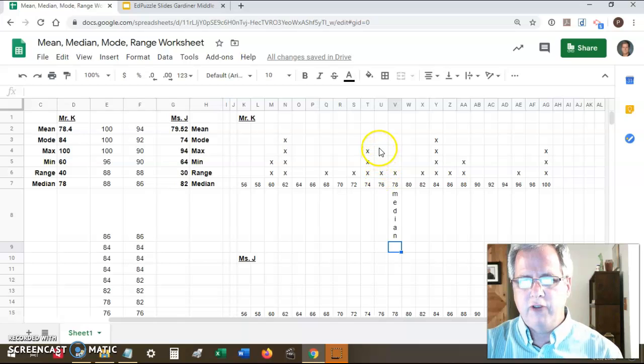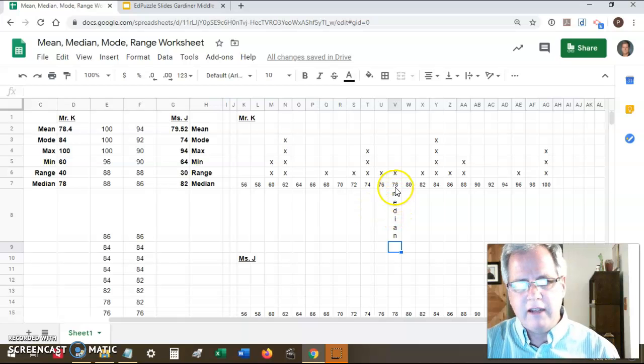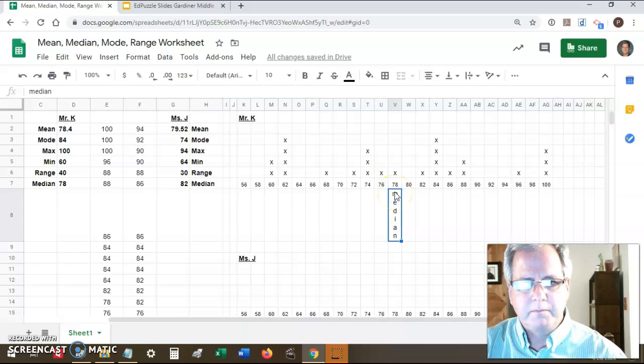Half of his students got below 78 and half got above 78. So 78 is the midpoint. The average is 78.5. So the mean, 78.5, is right around here as well. So they're very, very close to each other.